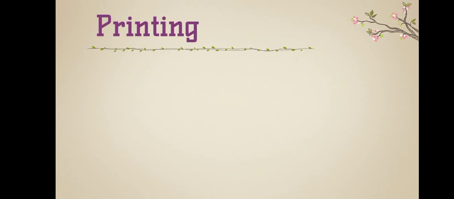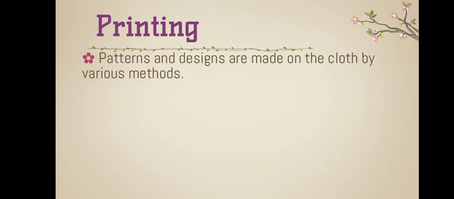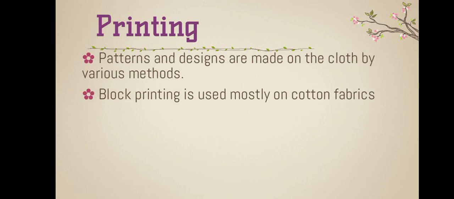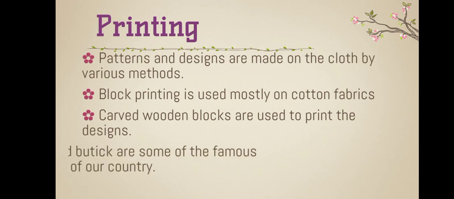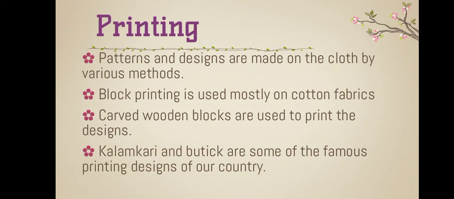Now we are going to learn about printing. Patterns and designs are made on the cloth by various methods. Block printing is used mostly on cotton fabrics. Carved wooden blocks are used to print the designs.